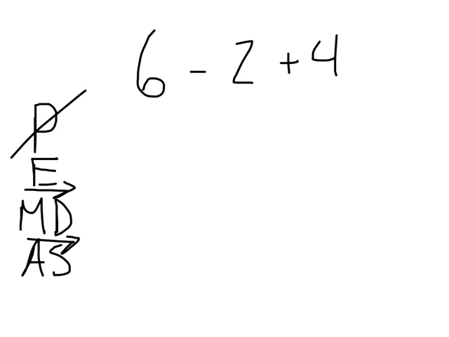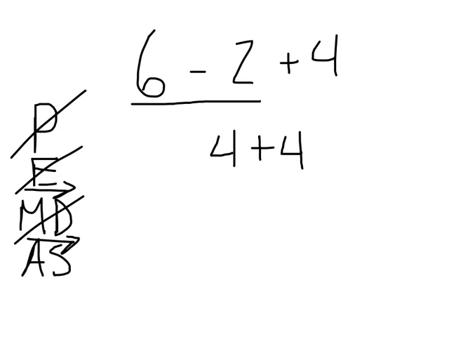There are no parentheses, there's no exponents, there's no multiplication and division. Remember, when I add and subtract, I go from left to right. It doesn't matter if it's adding or subtracting first. So the first thing I'm going to do is 6 minus 2. What's 6 minus 2? It's 4 plus 4. Now I can do my last addition and subtraction, and that gives me 8.